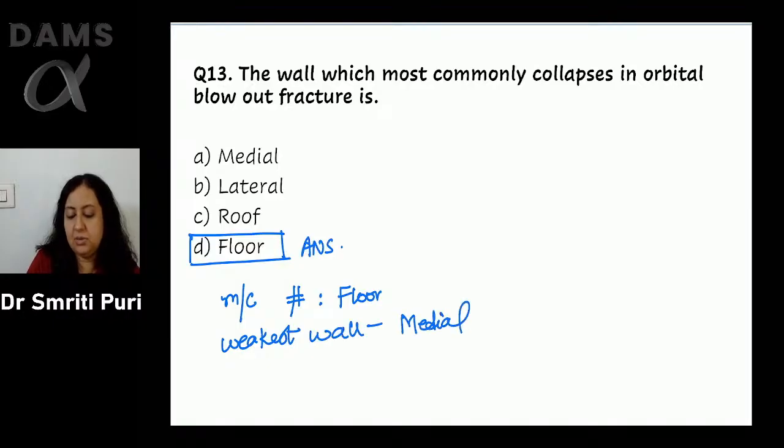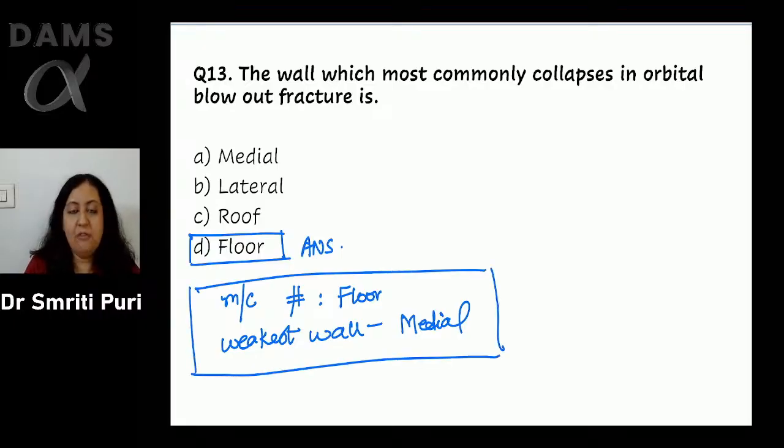Please remember, I've told this many times in my class, in my notes, everywhere it is mentioned, in my previous sessions as well. Please remember, the most common to fracture is the floor and the weakest wall of orbit is the medial wall.